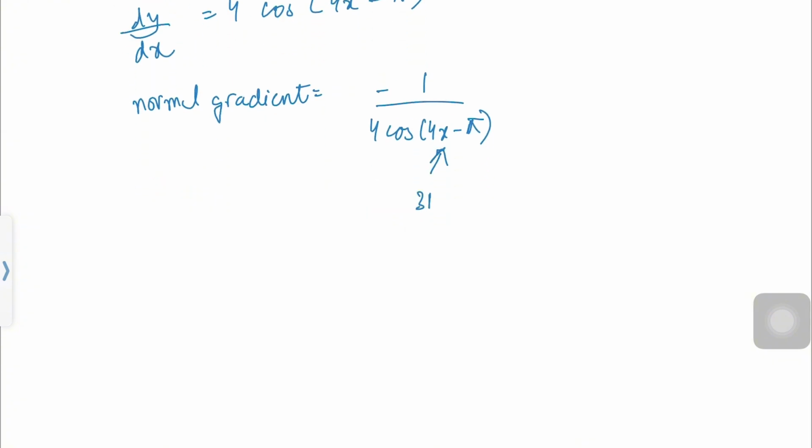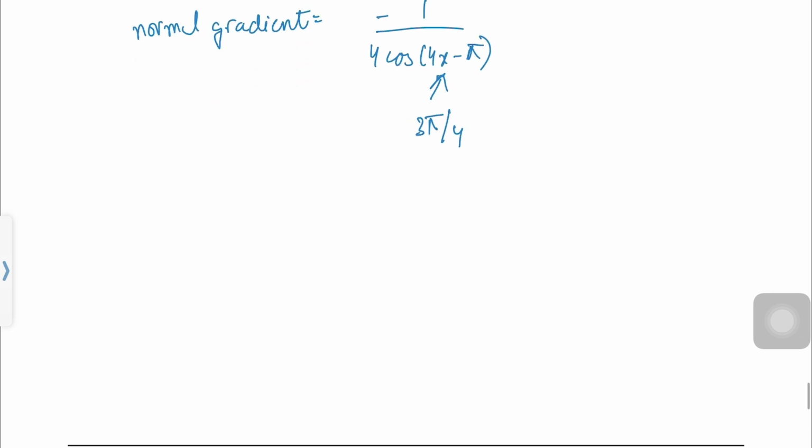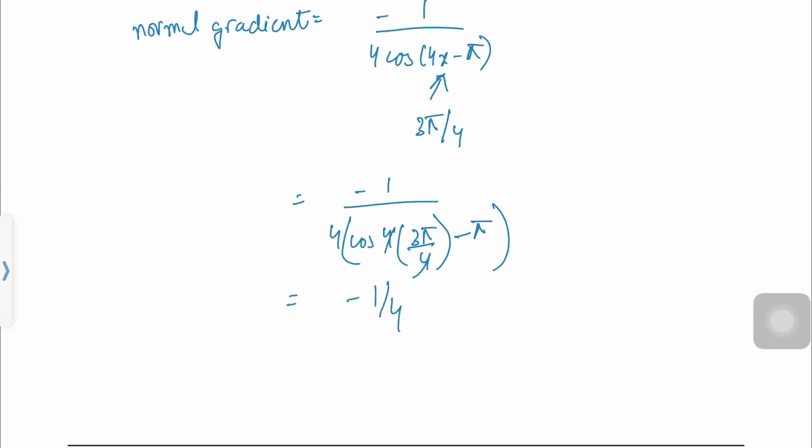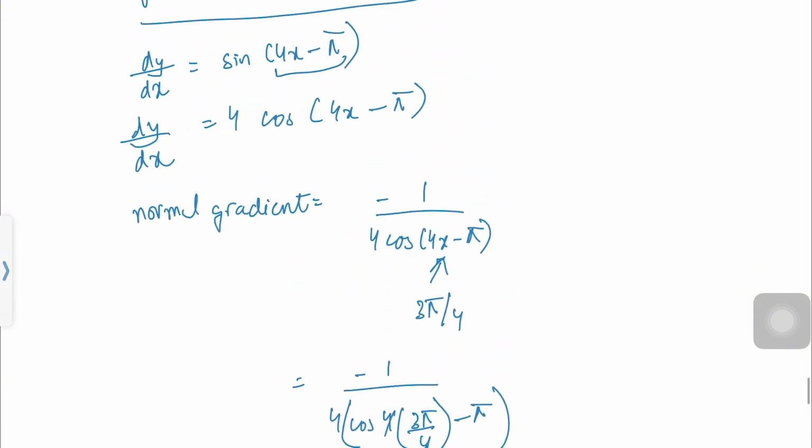Substituting x as 3 pi by 4, this would give us minus 1 over 4 cos(4 into 3 pi by 4 minus pi). That would be cos 2 pi, and cos 2 pi is 1. So we get our normal's gradient as negative 1 over 4.